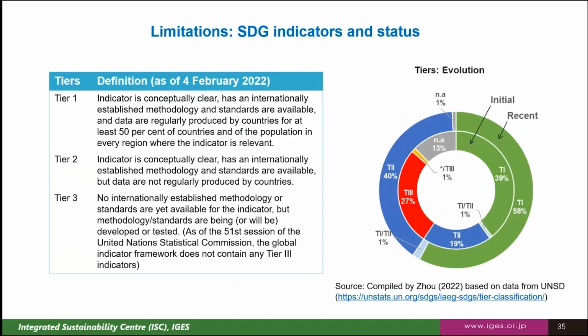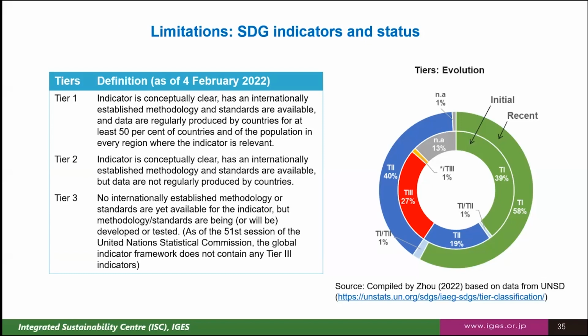Related to the limitations of the methodology, one challenge is the big gaps in SDG indicators and data availability. At the global level, the Inter-agency and Expert Group on SDG indicators, the IAEG-SDGs, defined three tiers to inform on indicators and data availability.